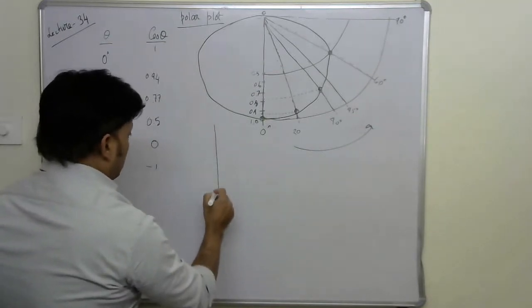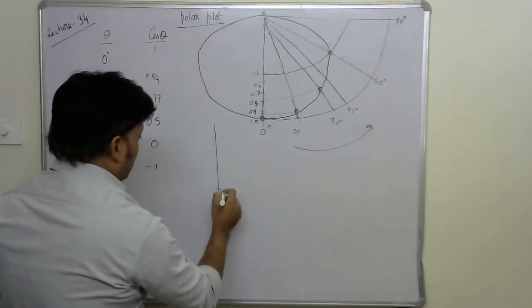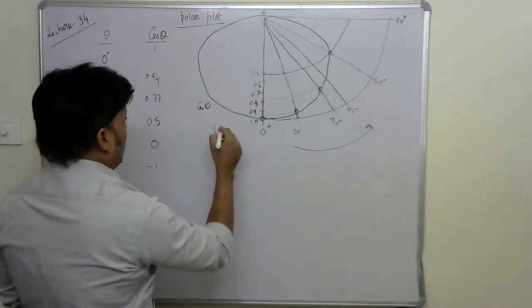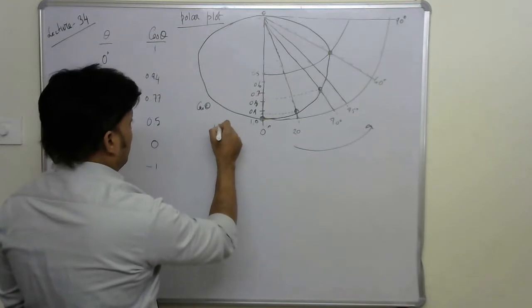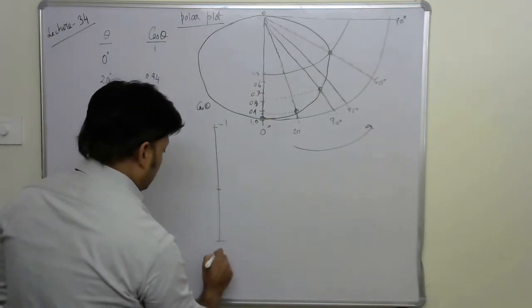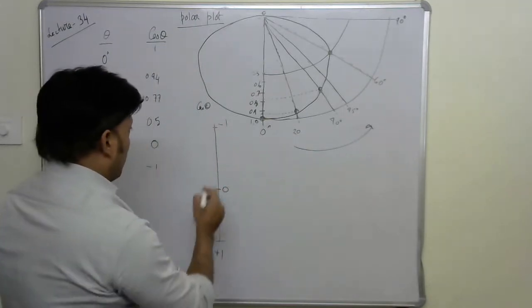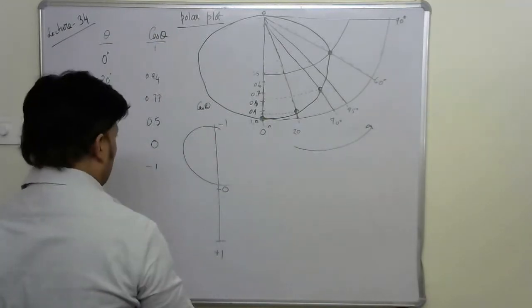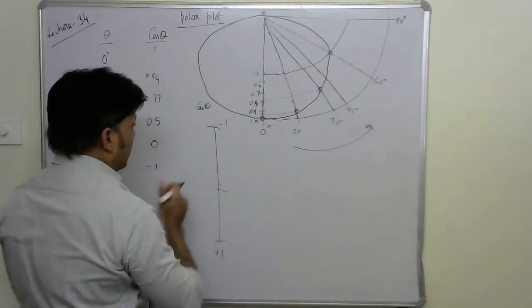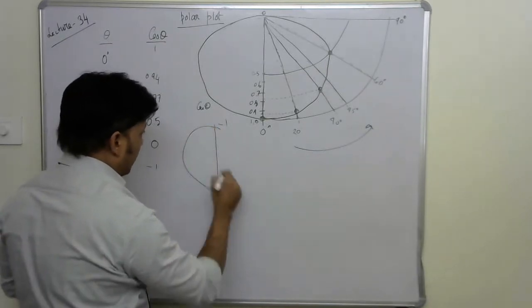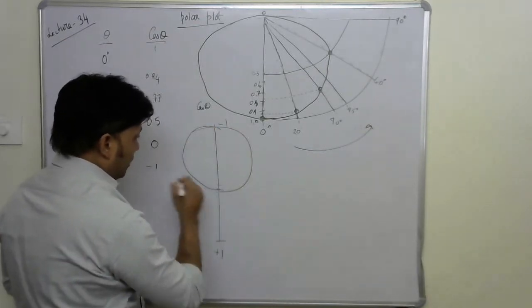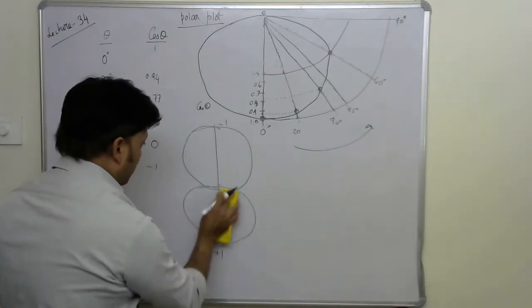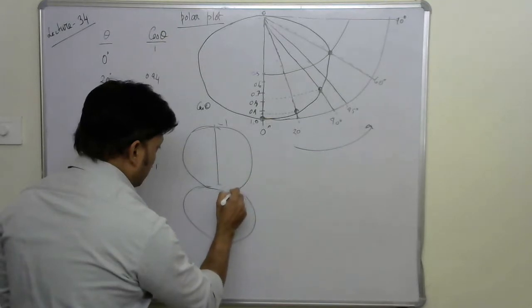This is the value of cos theta, of course, and this is -1, and this is +1, this is 0, and we have two complete and perfect circles like this.